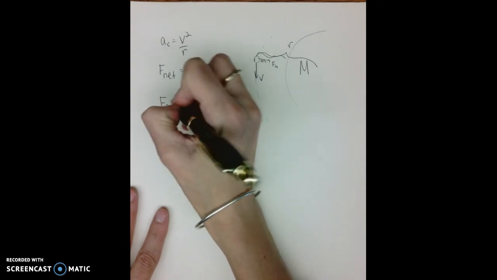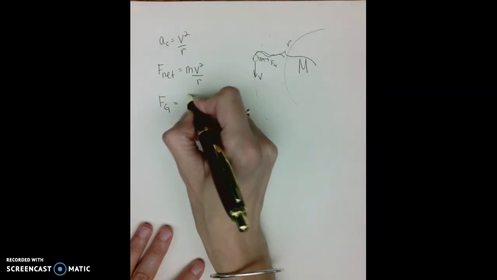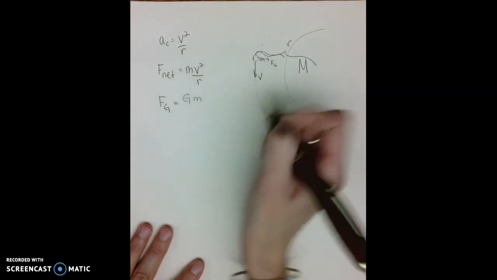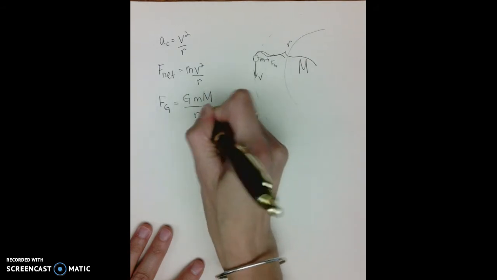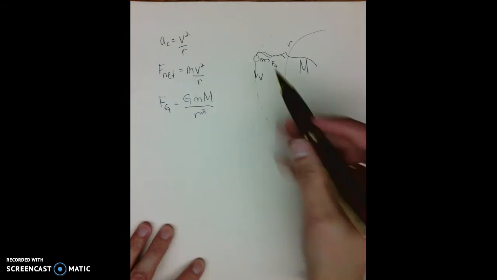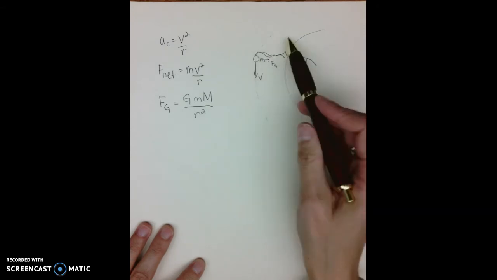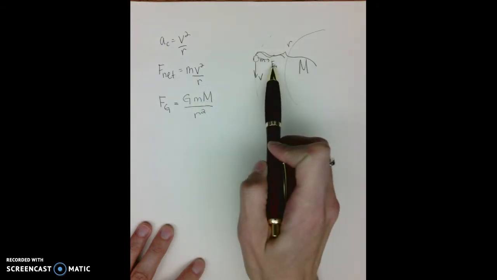So F_G is equal to, you don't know this equation yet, but you will soon, big G, the little m of the satellite times the big M of the planet, all over r squared, or the distance between the two centers squared. And because my little satellite is moving in a circle, that means that F_G is the F net, because it's the only force acting on it.